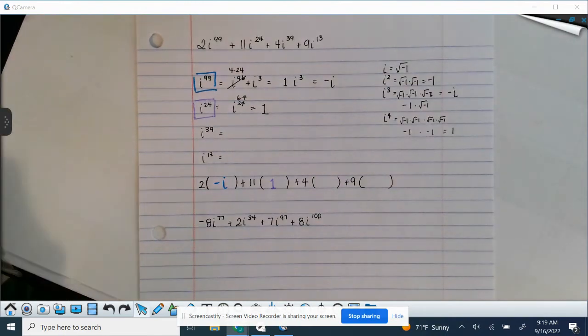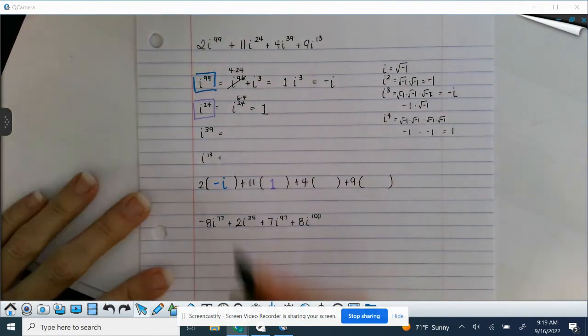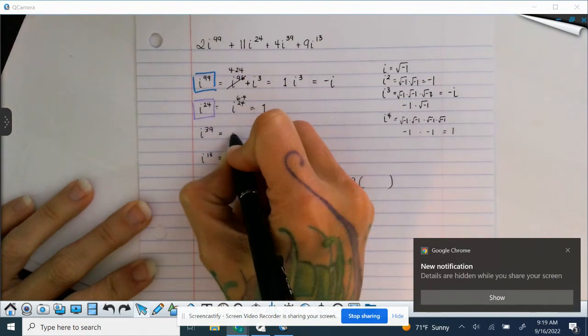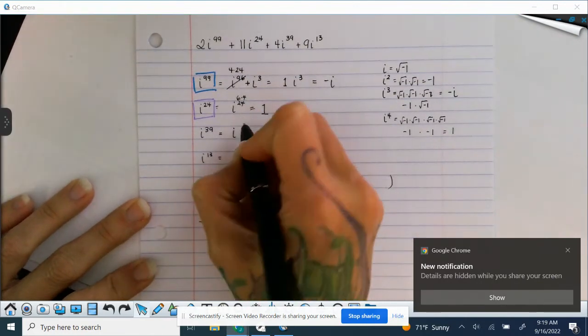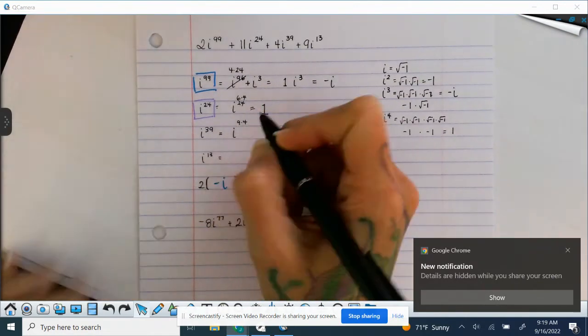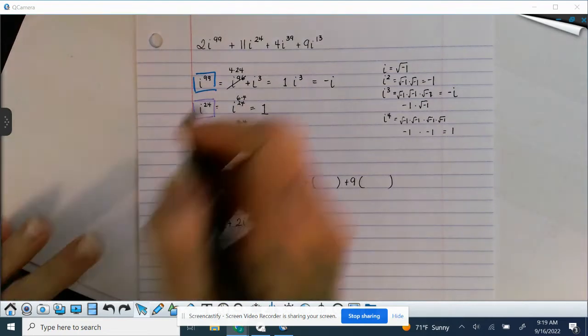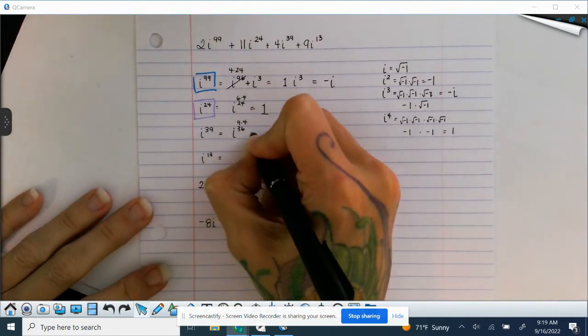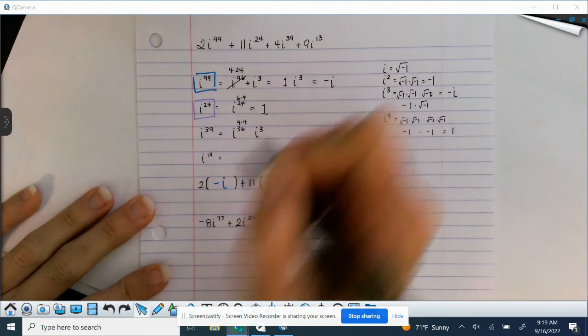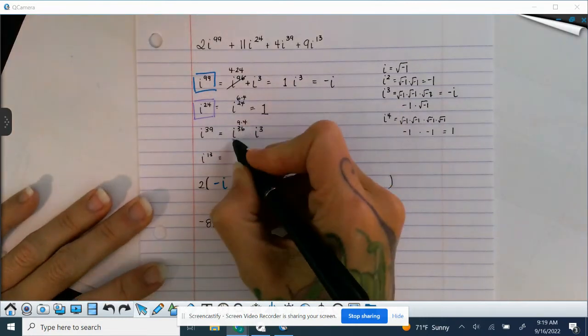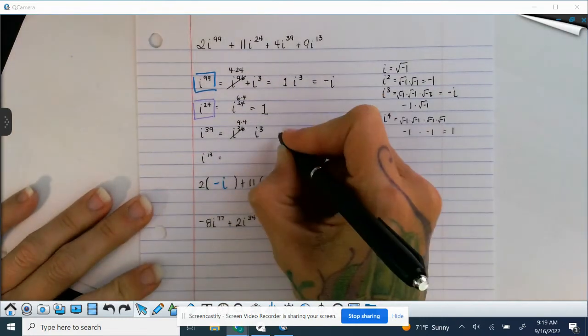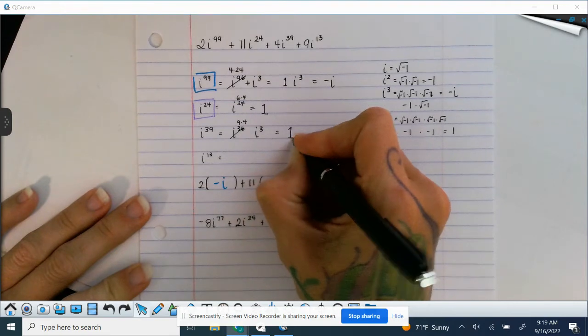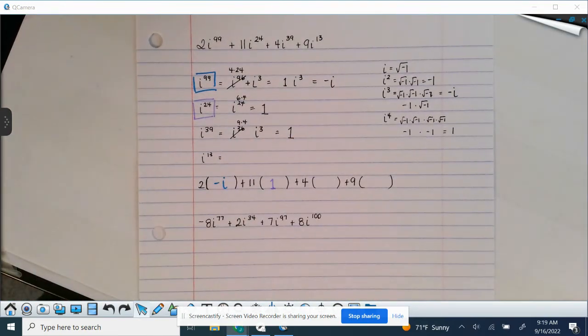i^39, so 39 divided by 4 does not go in evenly. It goes in there 9 times, so 9 times 4 gives us 36. So i^36, and then we have i to the 3rd left again. This 36 is 9 times 4, which means it's going to become a 1, because that's even sets of 4.